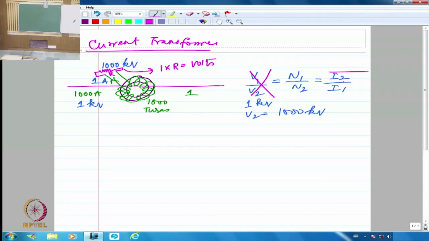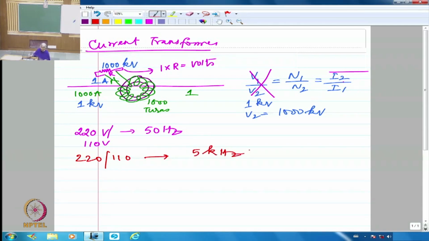When the frequency increases, why would the size of the transformer decrease? Right? That's the question. So if I am comparing a 220 volts 50 hertz transformer, of course 220/110 or something, let me say, with another one that is 220 by 110 at 5 kilohertz, I am going to compare the sizes of these two transformers.